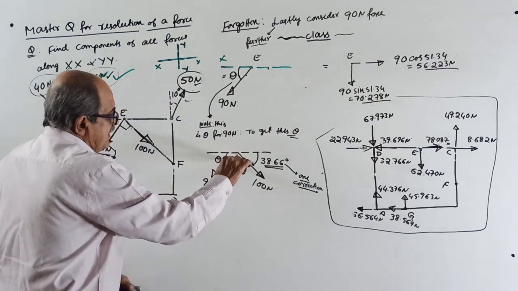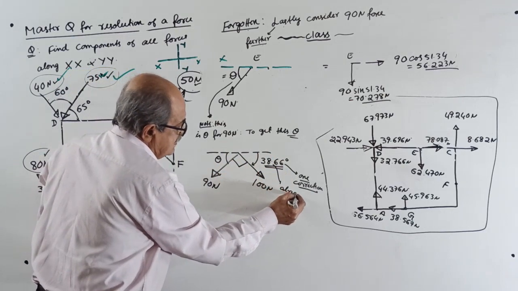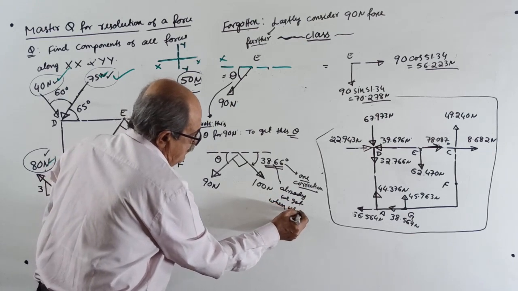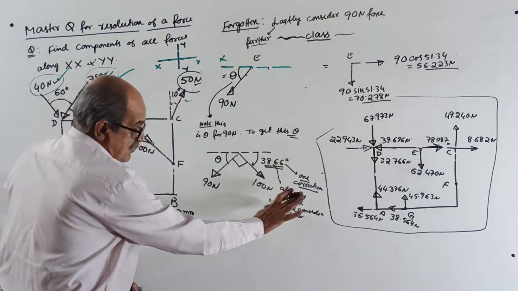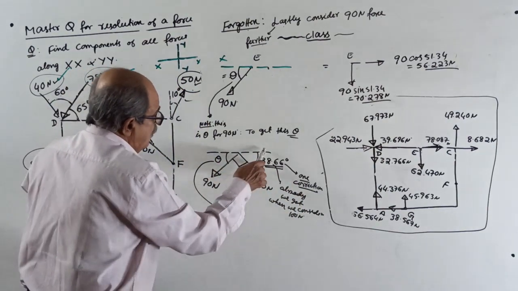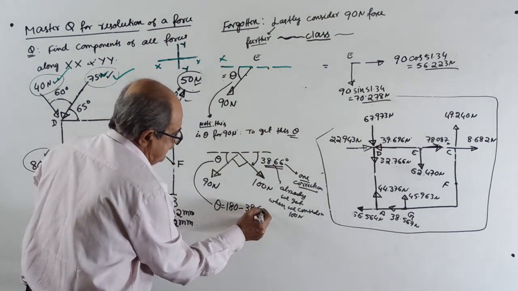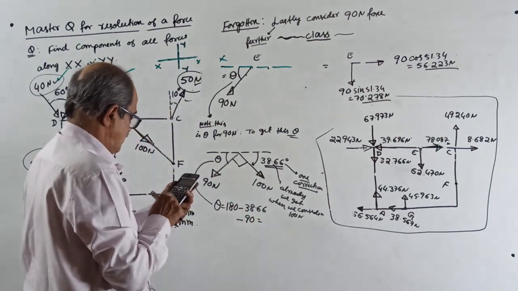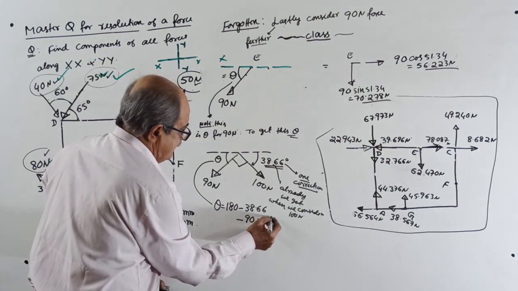So this theta, which we already got when we considered 100 Newton, equals 180 minus 38.66 minus 90, which is 51.34 degrees.